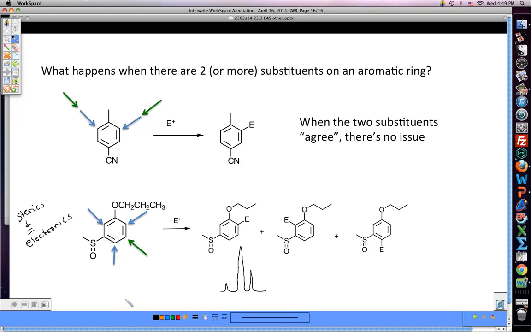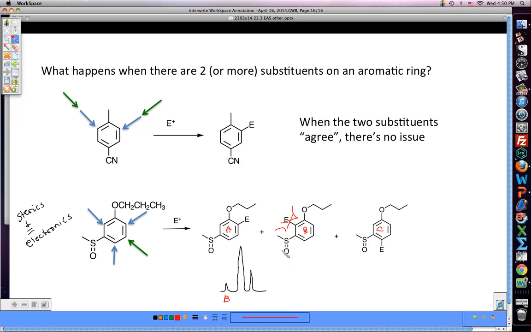So even though electronics is telling us we'll get all three of those products, really, this is pretty sterically hindered. So if we call these A, B, and C, I would definitely say this is B, a very minor product, because it's pretty tough to get your electrophile to go in between two substituents.